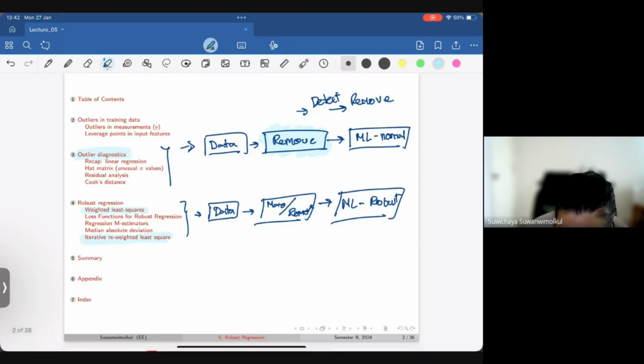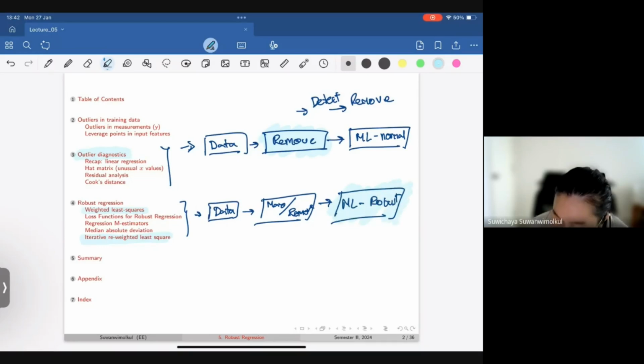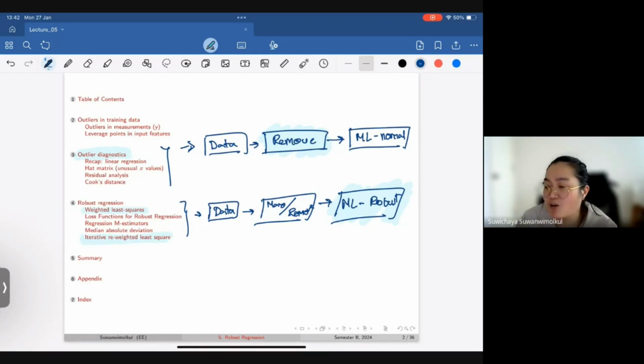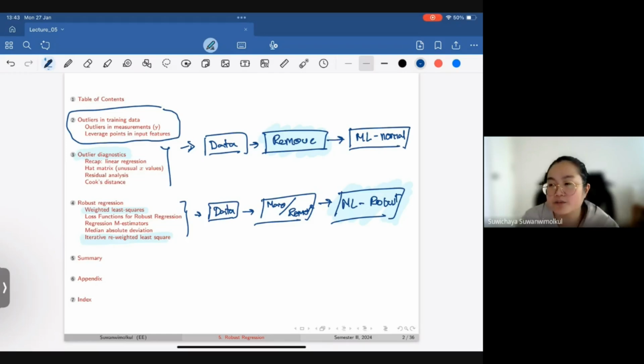But for the second type, the robust regression, you are making your machine learning more robust. That's the difference between these two techniques. But before we go into how these two techniques work in detail, maybe we should define what the outliers in our data look like and what types of outliers we are considering.